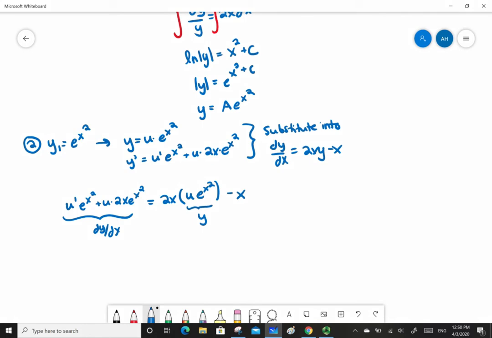Again, we can cancel the terms with u, not u prime, in them. So that's a good sign, leaving us with u prime e to the x squared equals negative x.